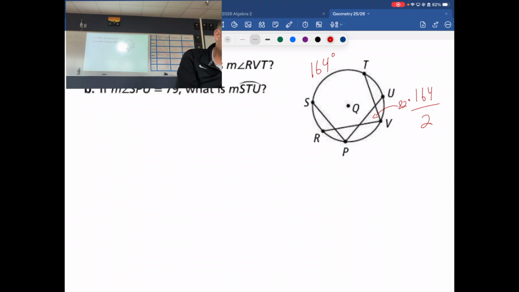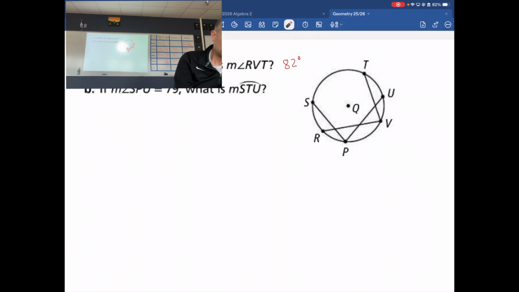Our next question says if SPU is 79 degrees. So I go to S, I go to P, and I go to U. That's my cone, and my cone is 79. Well, my cone creates this ice cream, which also happens to be what we have to find.